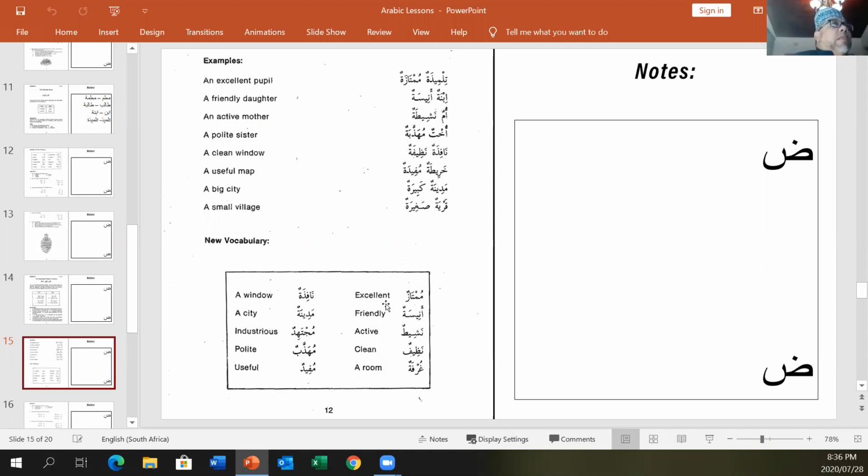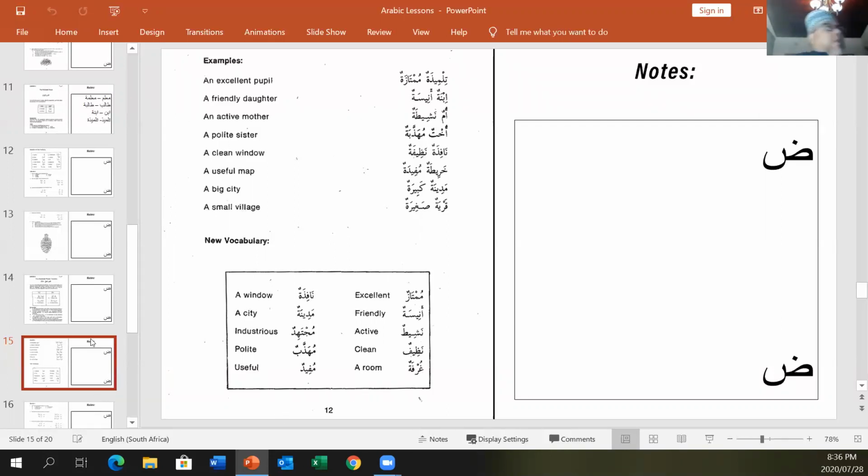And because we did a feminine noun, wherever there's a masculine adjective, you just add the ta marbuta to it. Anisatun is friendly. Nashitun is active. Nadhifun is clean. And ghurfatun is room.